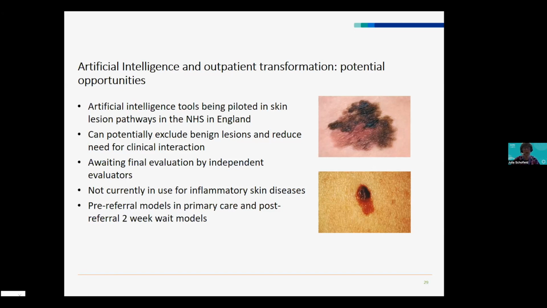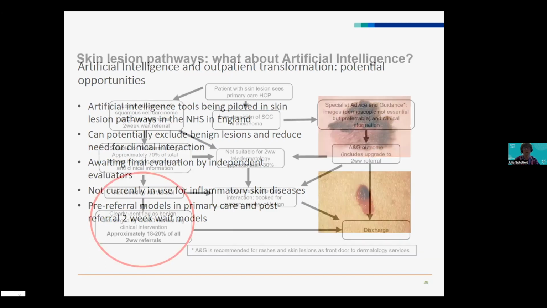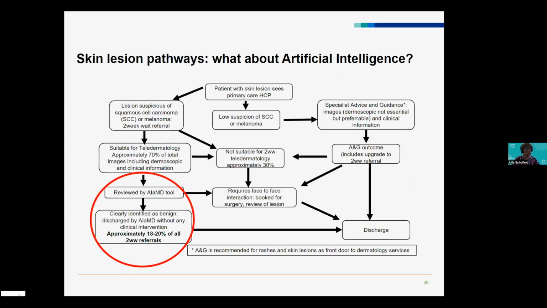It's not in use for inflammatory skin diseases. I don't think it will work yet for your patients if you're suspecting non-healing leg ulcers and cancer, but it will become used, I think, in due course for many of our patients with benign lesions. And that is just a pathway showing where it will sit in our skin cancer referral pathway.